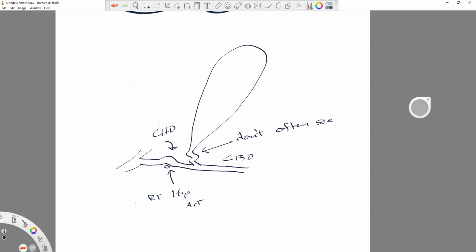But we do see this sign. Technically, until the common hepatic duct meets the cystic duct, it is the common hepatic duct, and once it meets that, it becomes the common bile duct. But I don't care where you call it, it's okay to call any of this common bile duct.